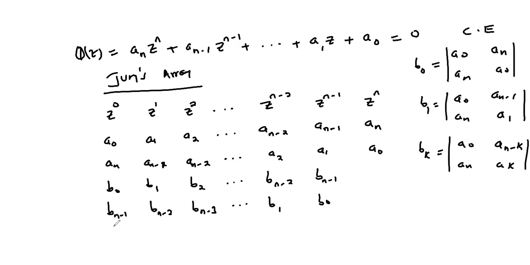Then the next row will be c_0, c_1, c_2, all the way to c_(n-2).